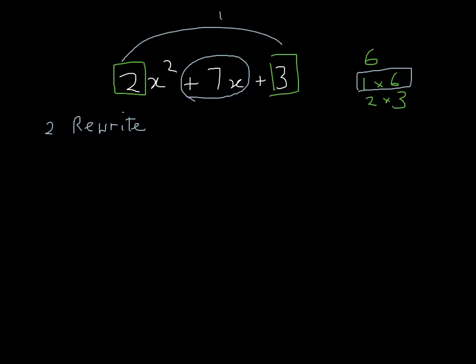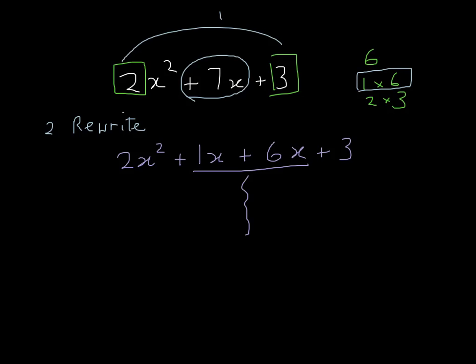So my equation now is going to be 2x squared, I might put the 1 with the 2x squared, plus 1x plus 6x plus 3. So this is the same as 7x. I've got 1x and 6x. But now I'm going to just do this in two parts, factorise the front and factorise the back.